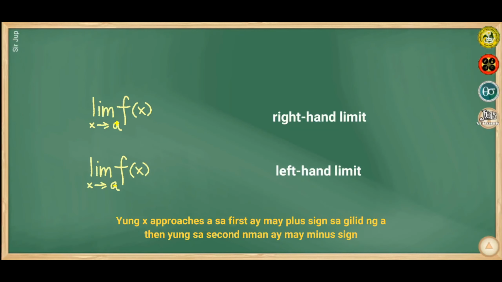Limit of f of x as x approaches to a from the right is called the right-handed limit. The limit of f of x as x approaches to a from the left is called the left-hand limit.